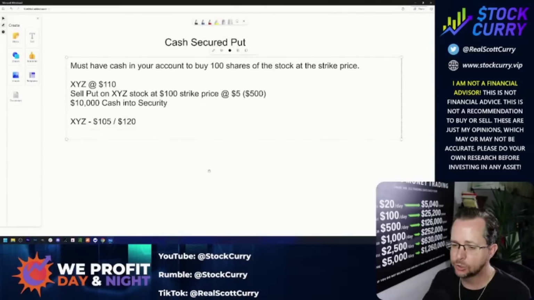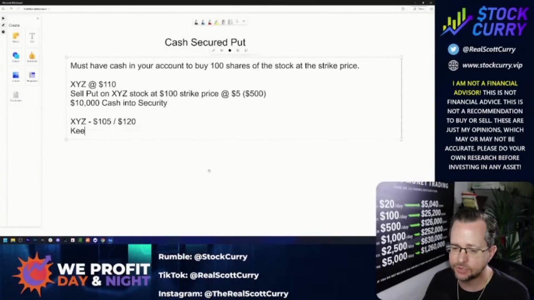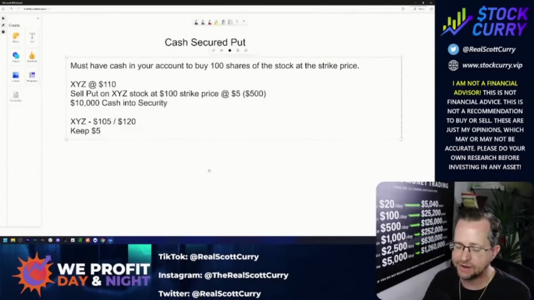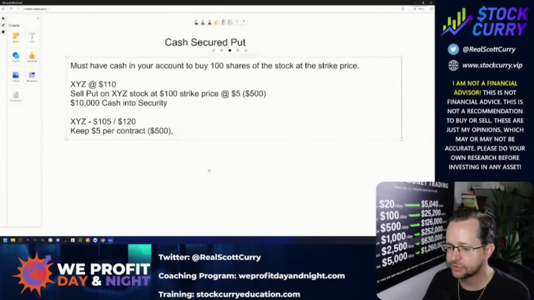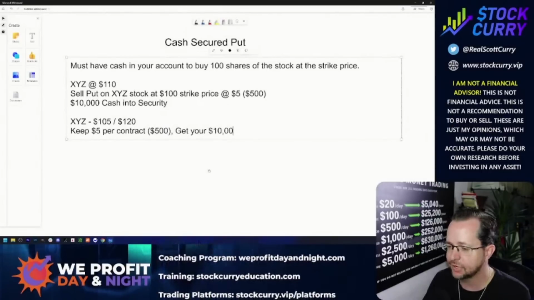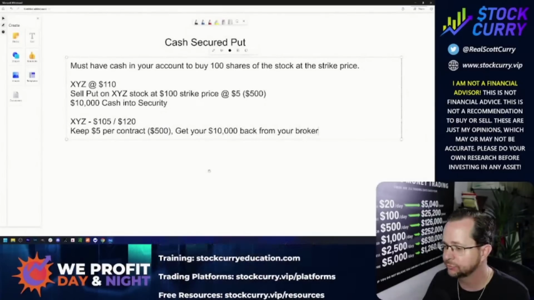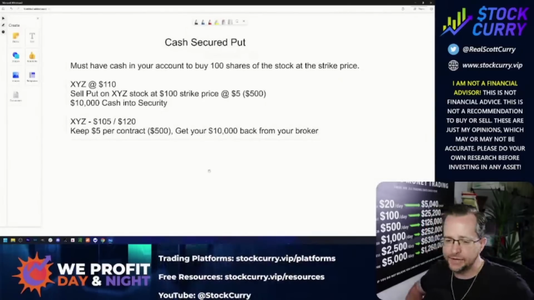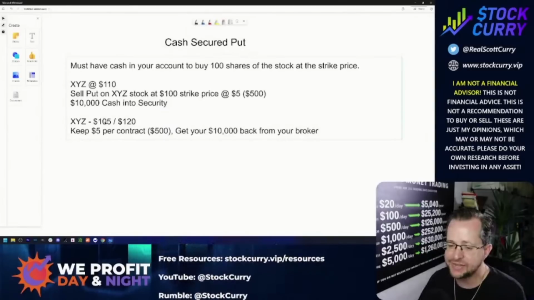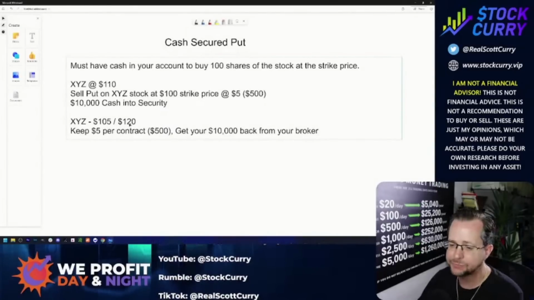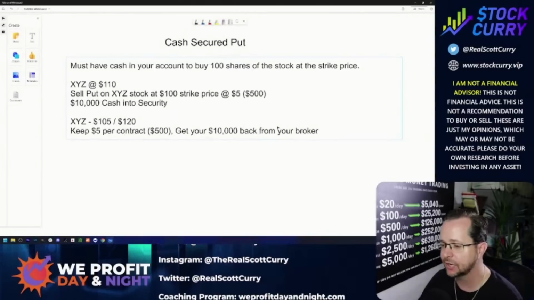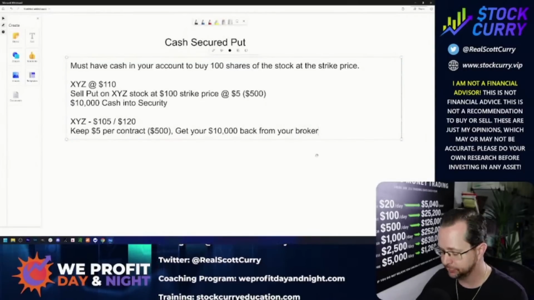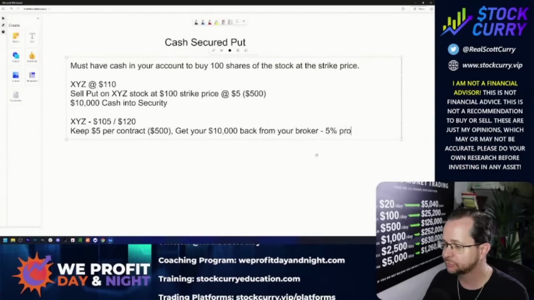So what ends up happening is you keep the $5 per contract, which is $500, and you get your $10,000 back from your broker. So assuming the stock goes down a little or goes up, so long as it doesn't go down to $100 per share, you keep your $5 per contract, you get your $10,000 back, and you end up with a 5% profit.